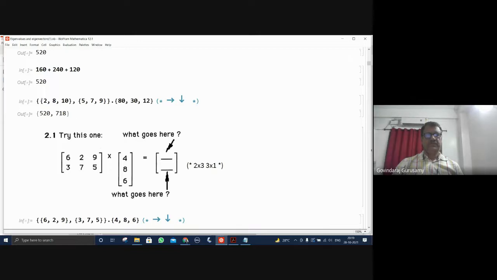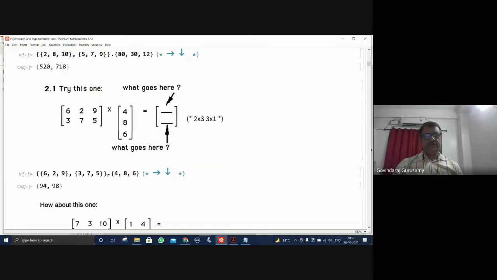That's what it is. You can really see that the column-row multiplication norms which you might have studied in your schools can be applied here. So if I do that, I'll get 1 by 2, 1 row, 2 columns. You can see here. Similarly here, 6, 9, 3, 7, 5, and this is 4, 8, 6.